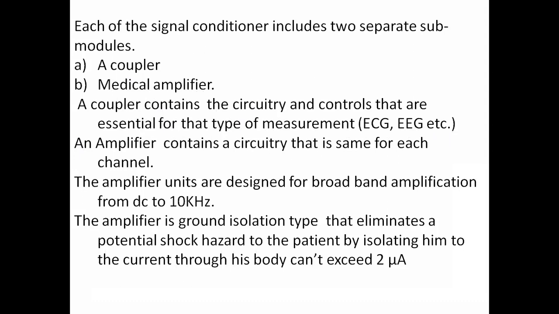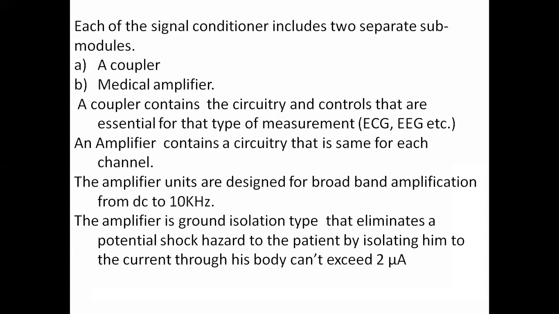After obtaining the pre-amplified signals, that signal should be sent to the strip chart recorder. For that we have to amplify the signal, so we can use a power amplifier section. That power amplifier circuit is also an electronic circuit, and it is the same for all types of measurements.